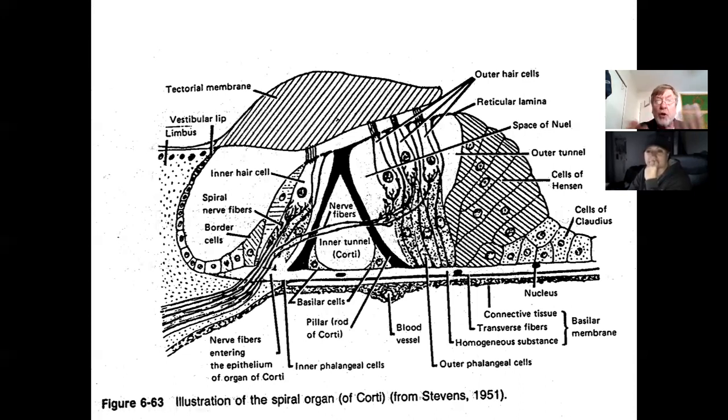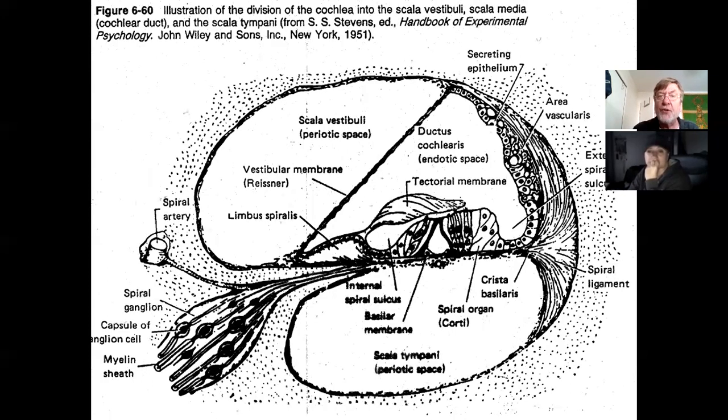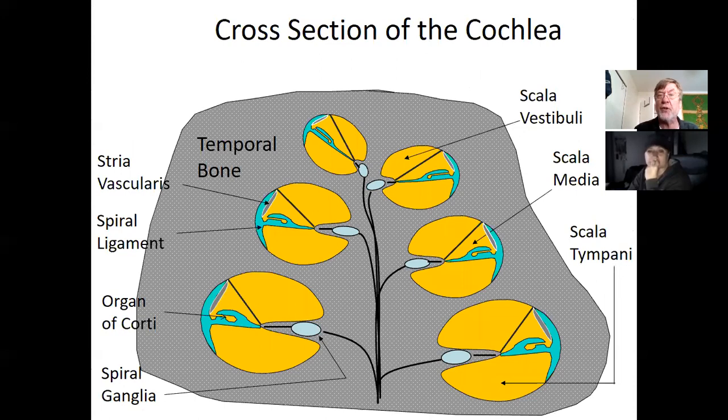Anyway, look closely here and you can see tectorial membrane, supporting cells, outer hair cells, inner hair cells. Now, this is at the base of the cochlea, because if you go to the apex of the cochlea, the hair cell region gets wider. Okay, where are the hair cells located in this picture?